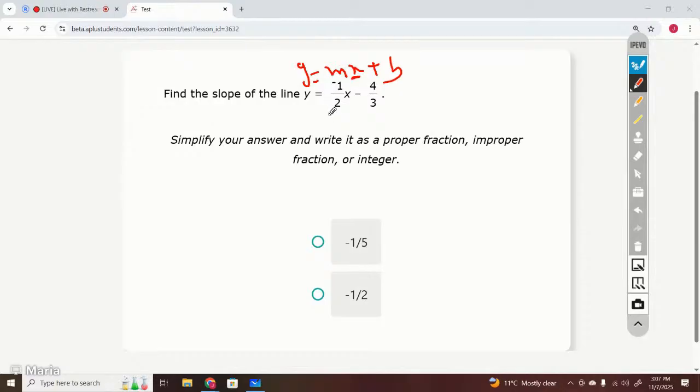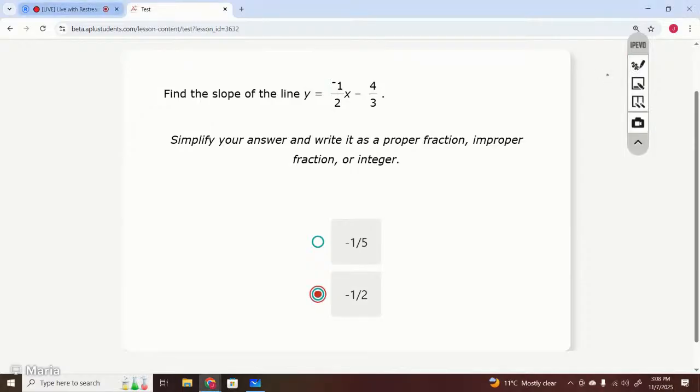The coefficient of x, m, is negative 1 by 2. The correct option is negative 1 by 2. Option number 2 is the correct option, that is negative 1 by 2.